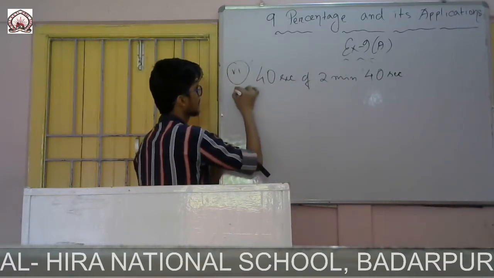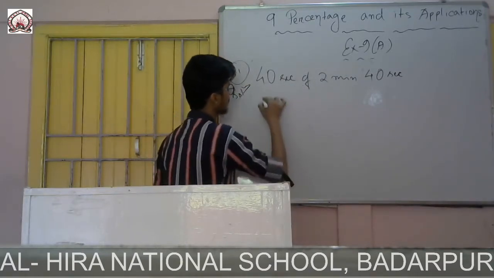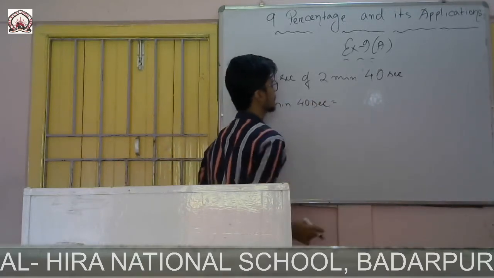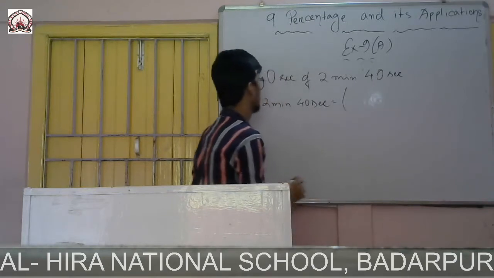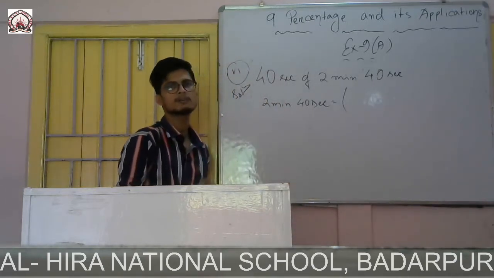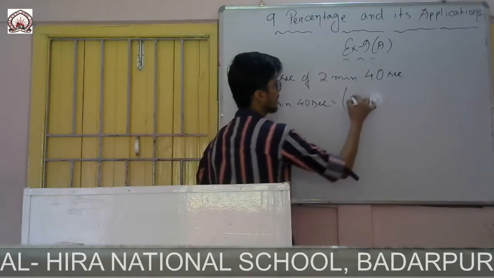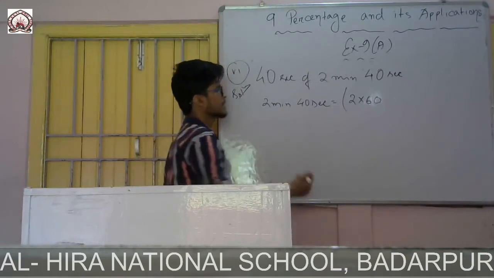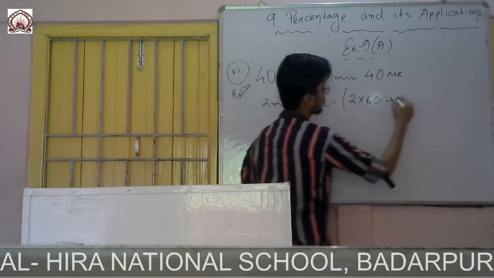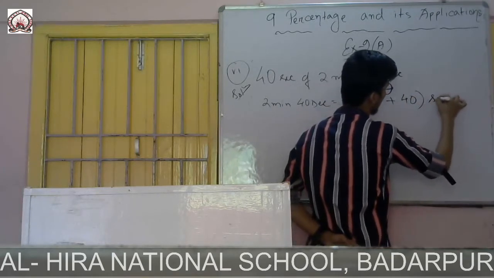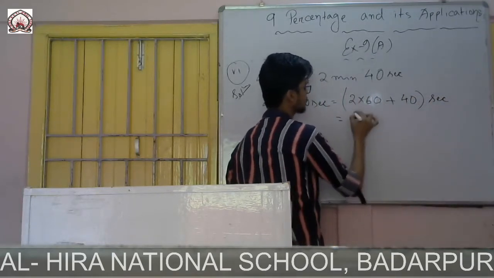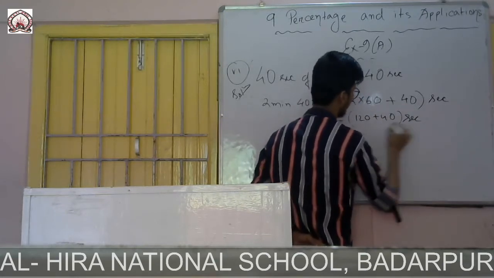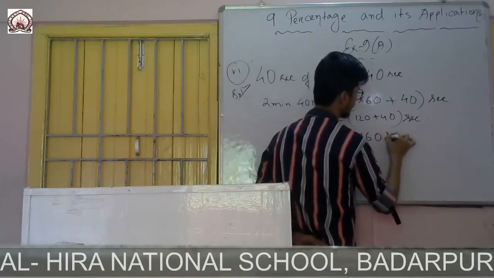So you write, after writing solution, since 2 minutes 40 seconds, if I convert it into seconds, 1 minute is equal to 60 seconds, so 2 minutes will be 2 into 60. And 40 seconds, no need to convert, it is in seconds, so simply plus 40. And the unit will be second. 2 6s are 120 plus 40 seconds, which equals 160 seconds.